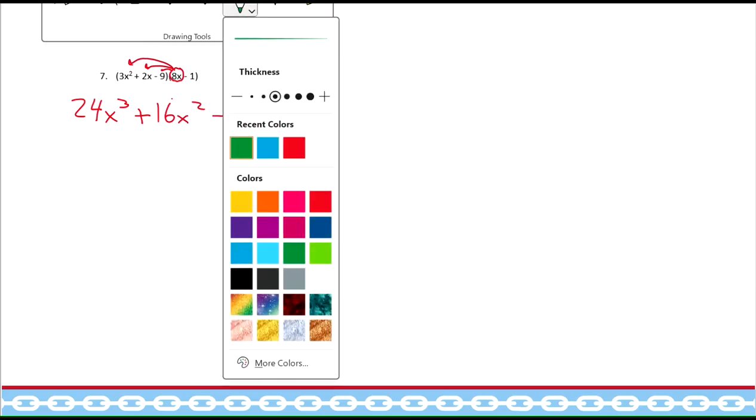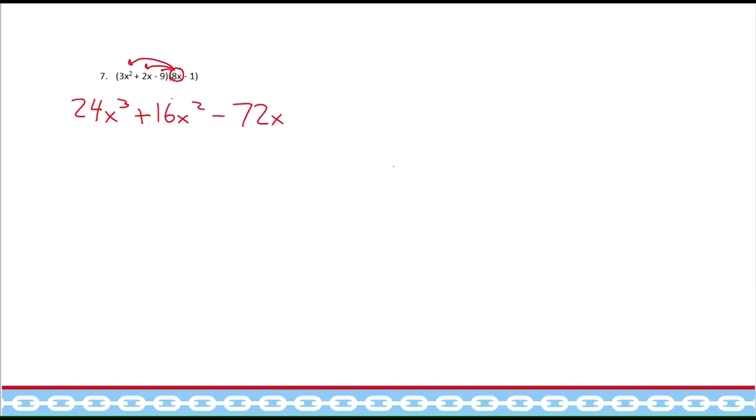Coming back through then, I'm going to come back through with a negative 1, multiplying all three terms again by negative 1. The nice thing about multiplying by a negative 1, all I'm really doing is flipping all my signs. And then just combine like terms to finish it out.